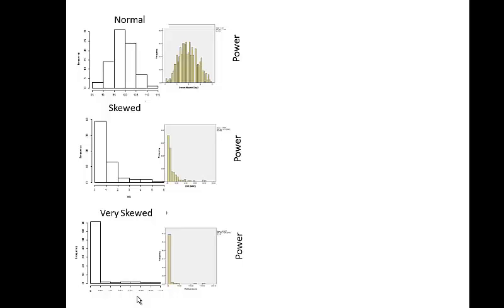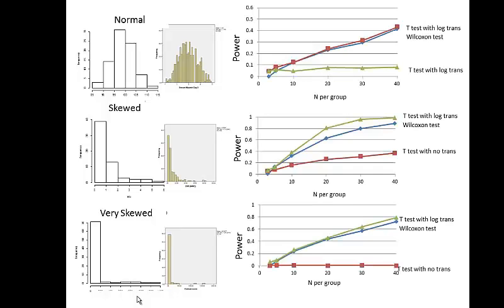Here I show you all three, comparing three different tests. Data like this, after you log transform, becomes normally distributed. The blue line is the Wilcoxon test, which is a distribution-free non-parametric test.